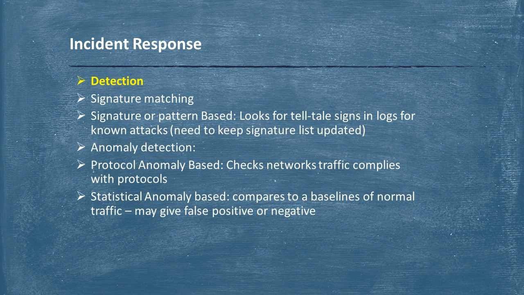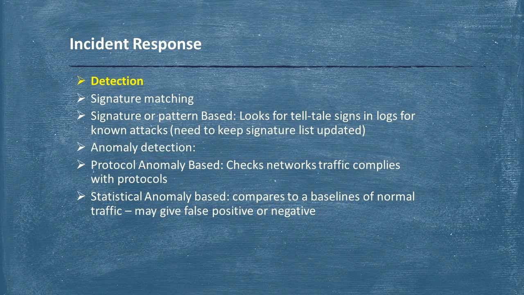The protocol based one checks whether the network traffic complies with the protocol. If not, then an alarm is raised. Whereas in statistical anomaly, it compares against the baseline of normal traffic, how the traffic will normally be.